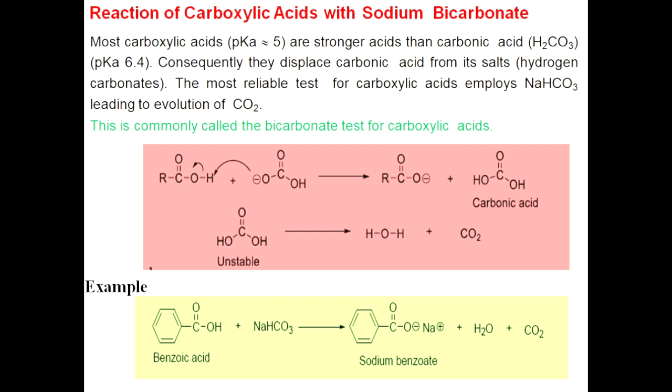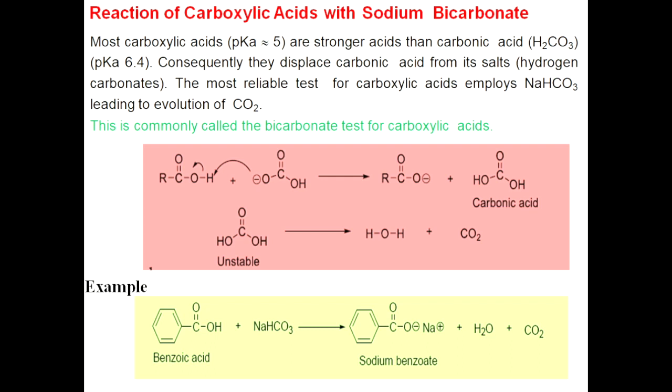Now, let us see the reaction of carboxylic acid with sodium bicarbonate. Sodium bicarbonate is a base. The carboxylic acid, which has a pKa of approximately 5, is a stronger acid than carbonic acid, and therefore it will undergo displacement with salts and form hydrogen carbonate, or bicarbonate salts.